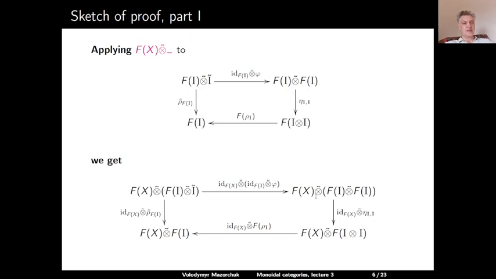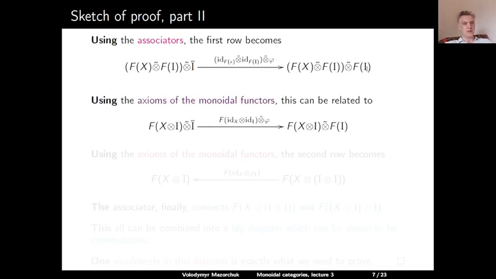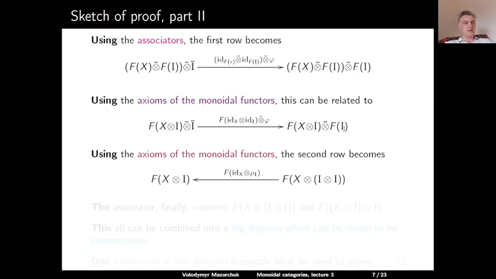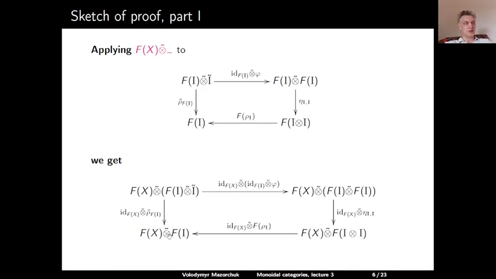And in the first row, we see that we can apply the associators and transform the first row into f of x tensored with f of I first, and then tensored with the identity, and respectively f of x tensored with f of I, and then tensored with f of I. Now we can use eta and the axiom of the monoidal functors and relate this to f of x tensor I, tensored with I tilde, and f of x tensor I, tensored with f of I. And again, using the axiom of the monoidal functors, for the second row, we have a tensor product in C tilde.